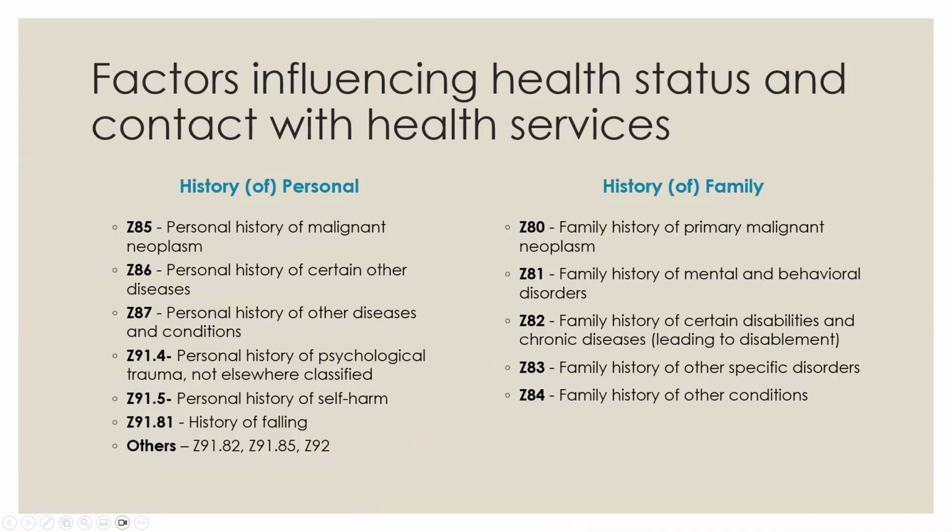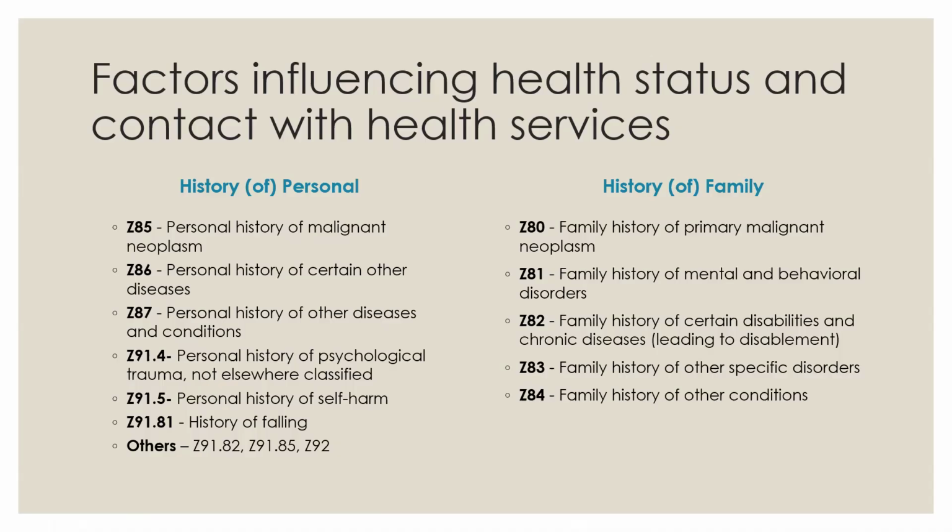So now let's get into history a little bit further. We have both history of personal and history of family conditions. So we have conditions such as Z85 for personal history of malignant neoplasm, Z86 for other certain diseases, Z87, Z91.4, 91.5, 91.81, and then we have some others, Z91.82, 85, and Z92.